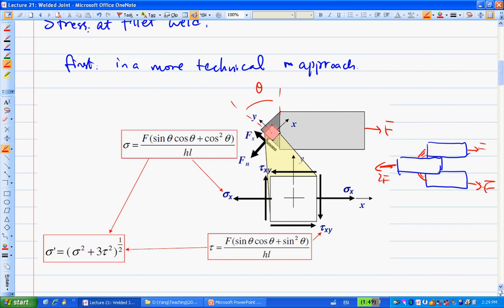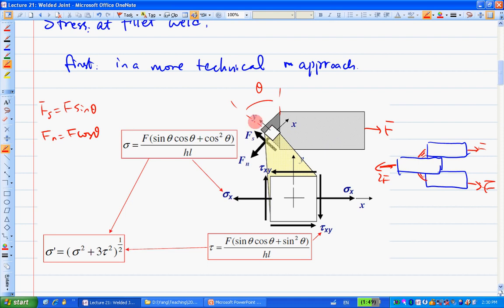First of all, in the free body diagram, in order to make it equilibrium at the cutting cross section, let's say we have a shear force Fs and a normal force Fn. Fs and Fn have to be balanced by the F here, so Fs is equal to F sine theta, and Fn is equal to F cosine theta.